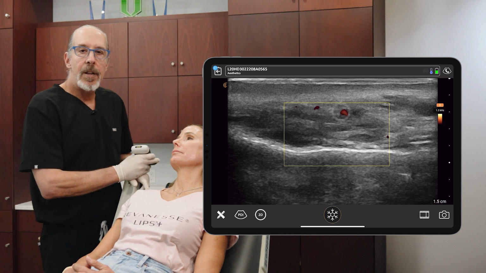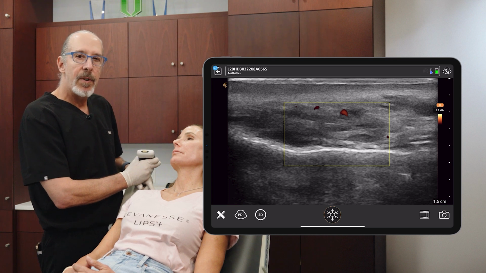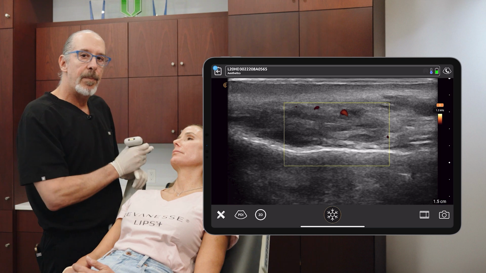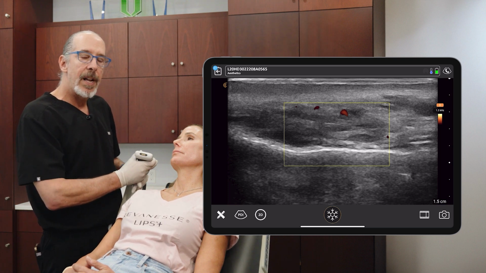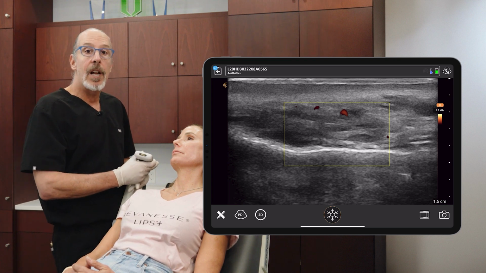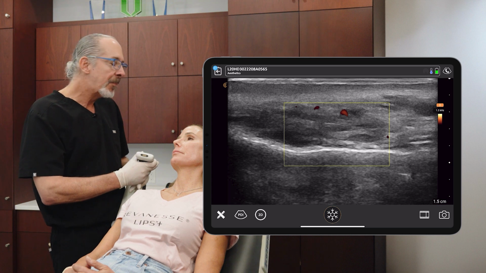What I use as a criterion is if the artery is more than 1.5 millimeters off of the bone, then it's safe to go deep onto the bone with your injections. If it's less than 1.5, I recommend that you choose an alternative method; using the cannula in the subcutaneous plane is a very safe way to do this as well.